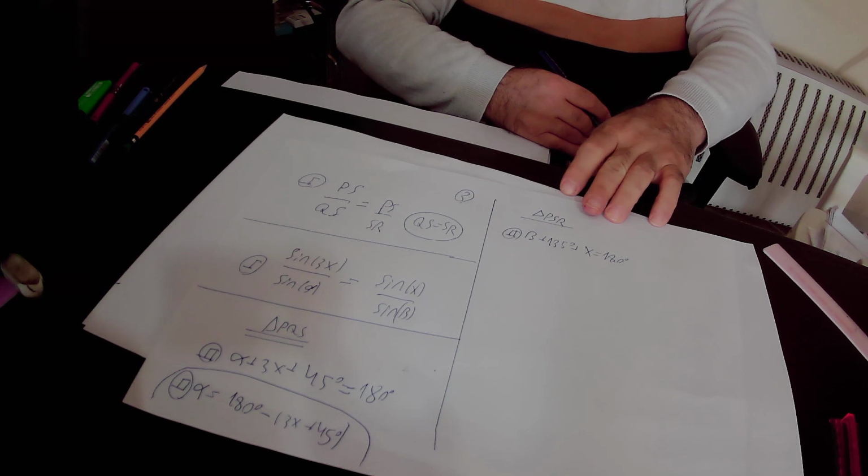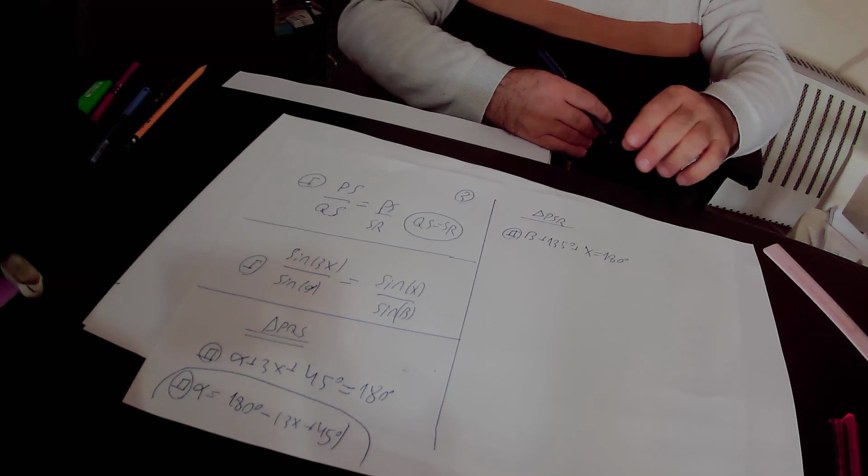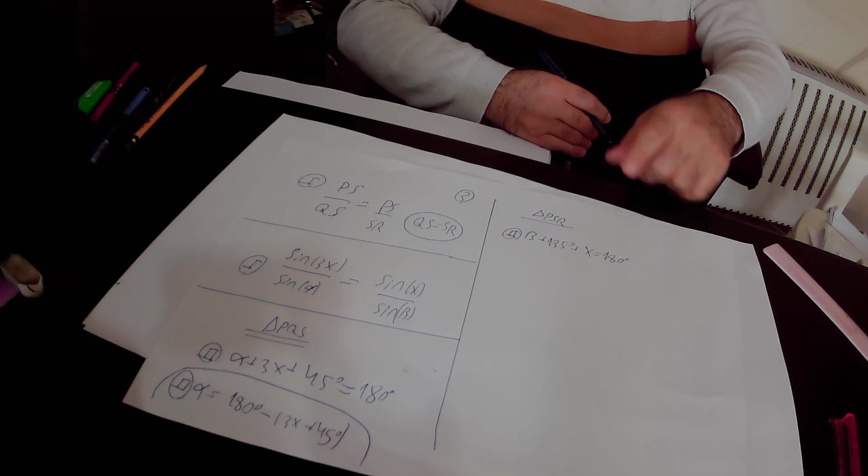That is to say, beta plus 135 degrees plus x equals 180 degrees.